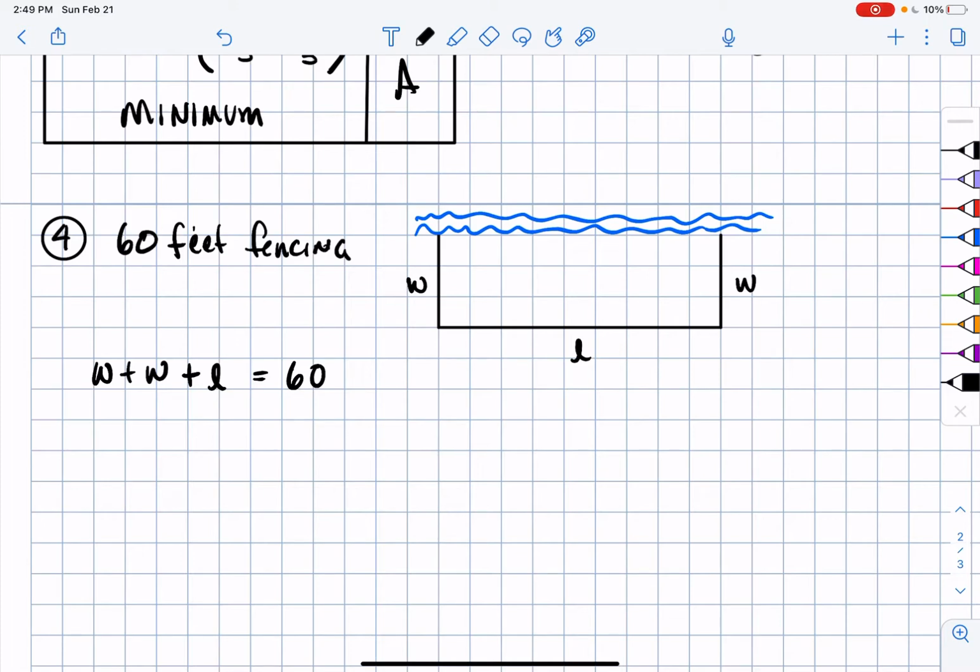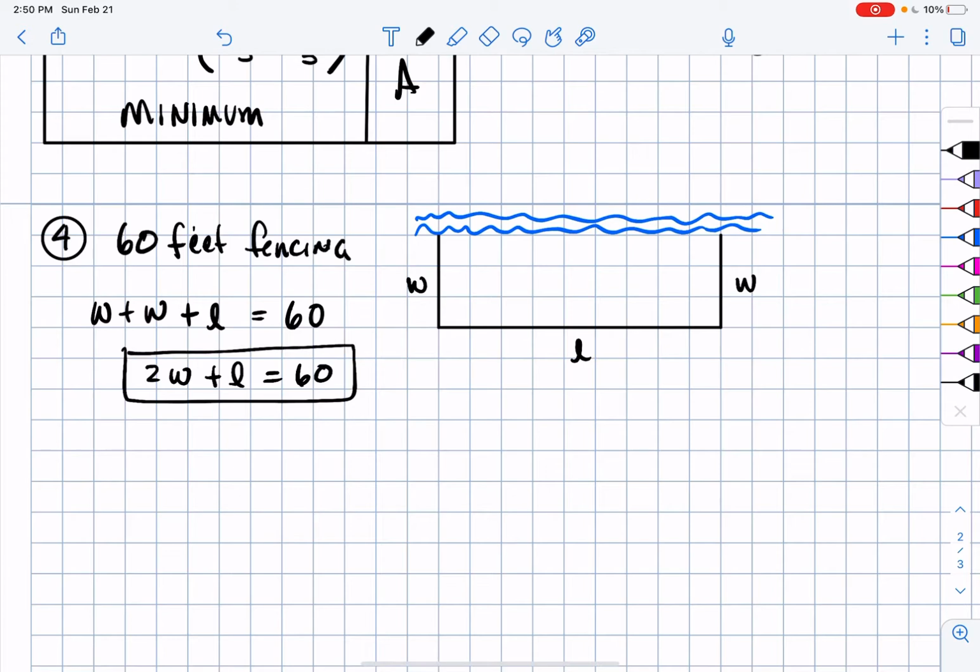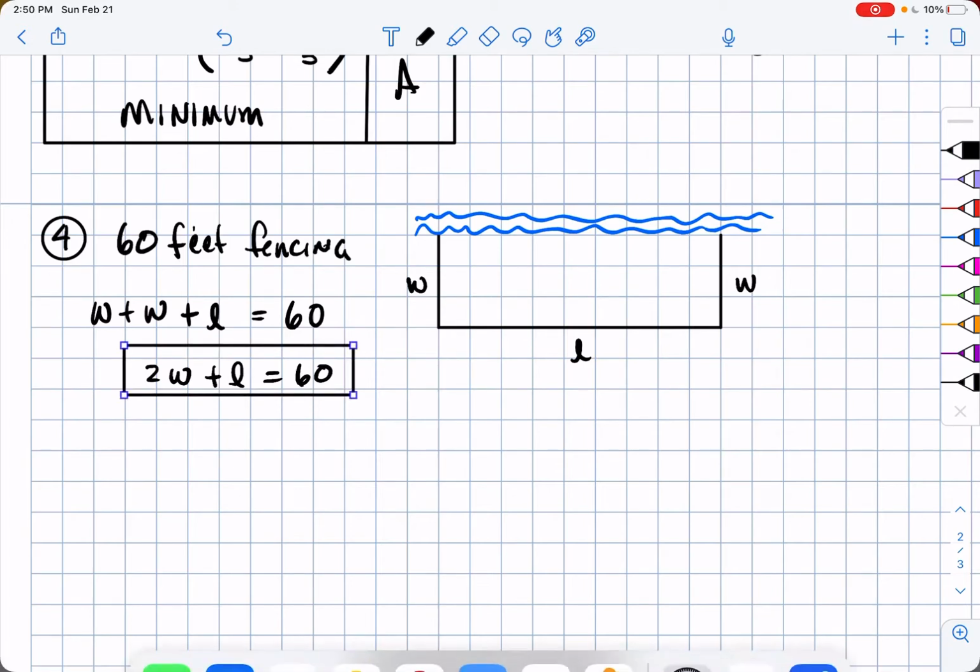I want to maximize area, so I want to use all the fencing I can. So that means 2W plus L is equal to 60. That is one thing I needed so far, and it's important.